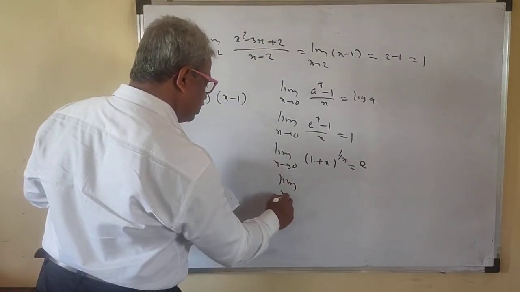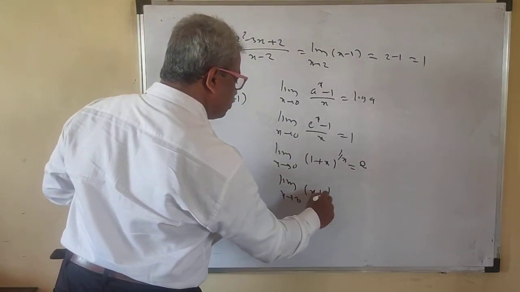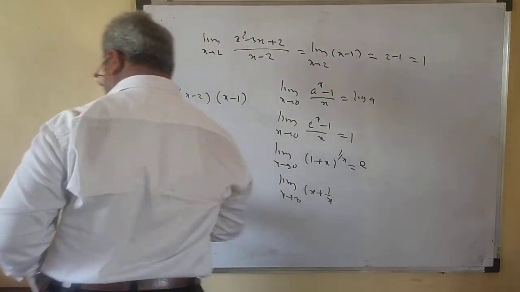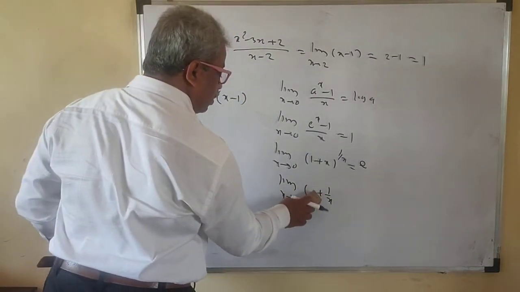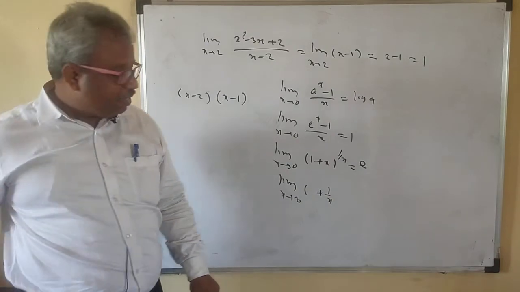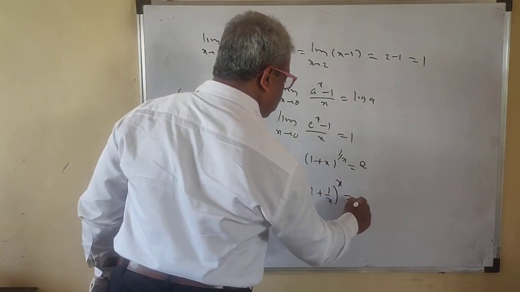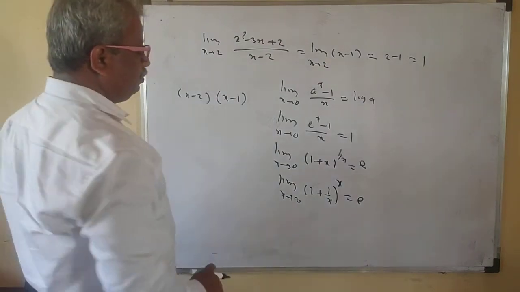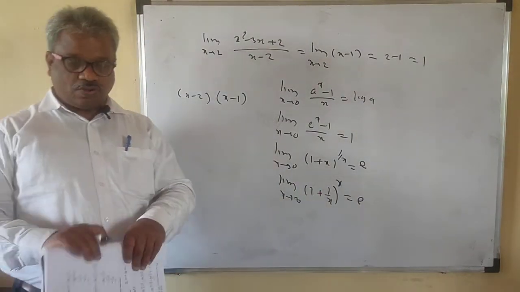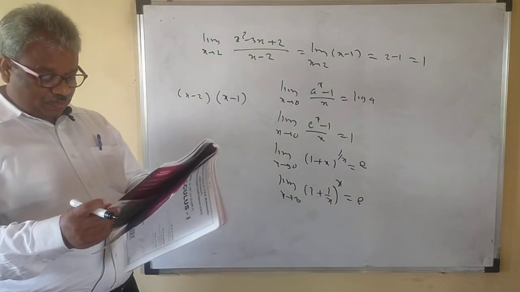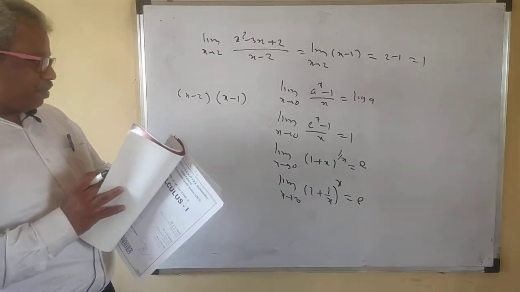Limit x tends to infinity of 1 plus 1 upon x, to the power x, is e. You should remember this formula. Okay. This formula plays an important role here.